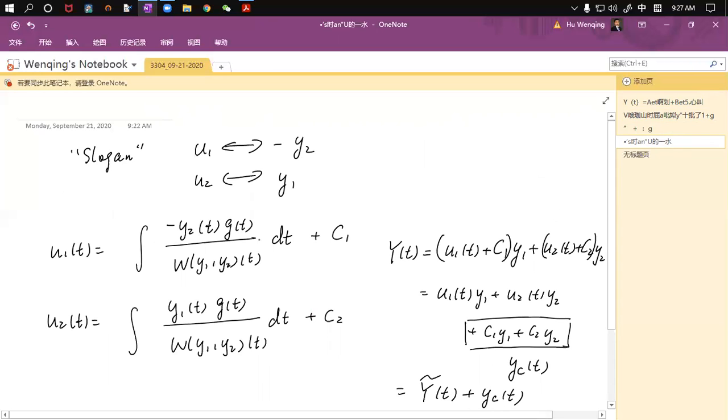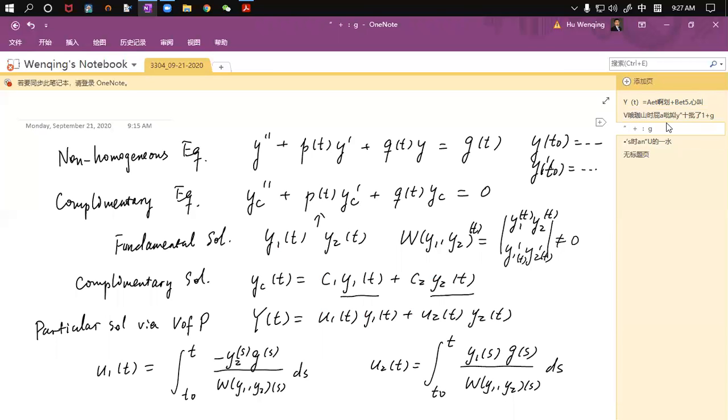You just calculate the antiderivatives of minus y2 times g divided by the Wronskian, and y1 times g divided by the Wronskian. No matter what functions they are, you put these antiderivatives back into the variation of parameters formula and obtain a particular solution. Then you add it to the complementary solution, and that's the general solution.